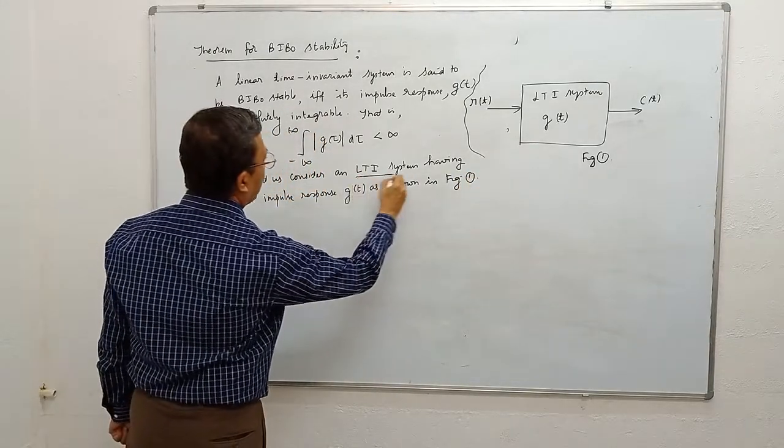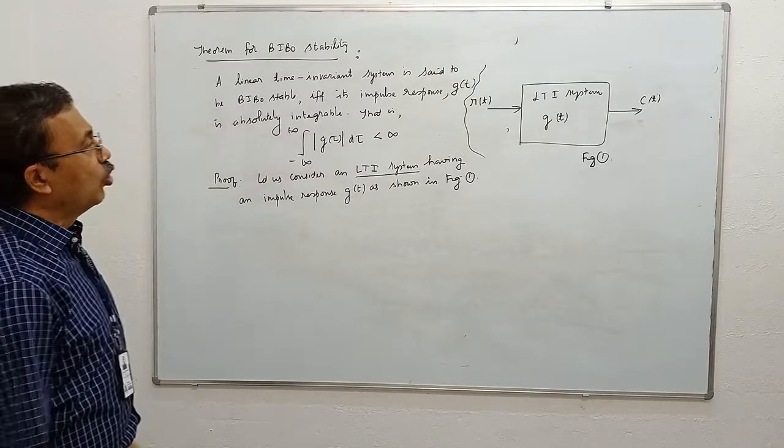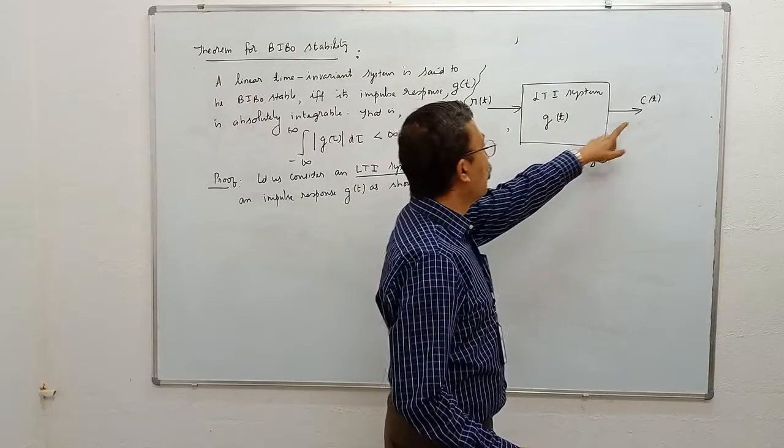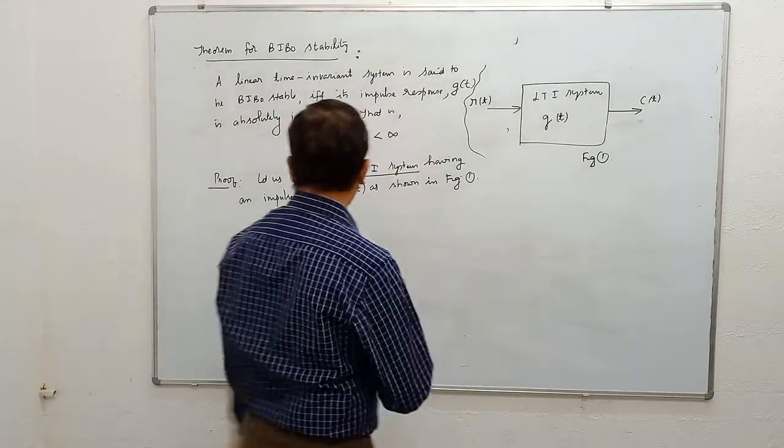LTI system is a very important statement because the output of an LTI system can be obtained by convolving the input r of t and the impulse response.